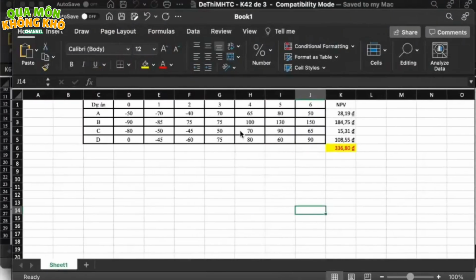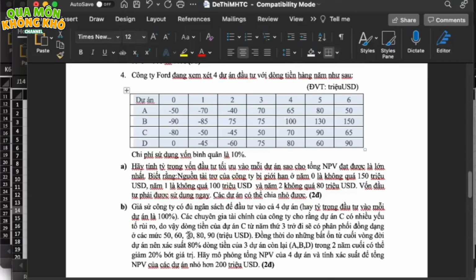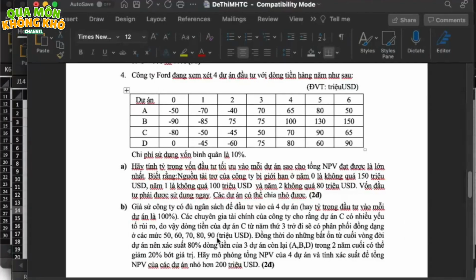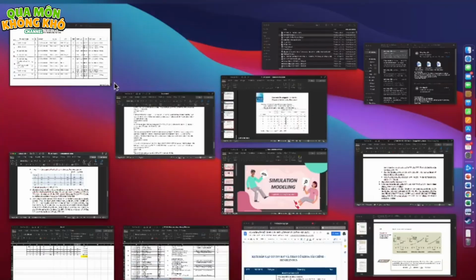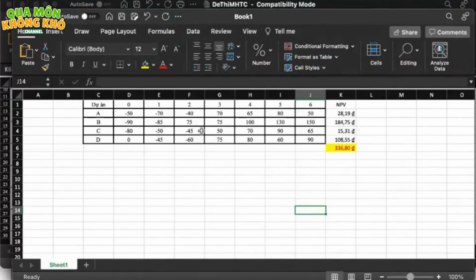So we can see here the cash flow from project C from year 3 has the uniform distribution at levels 50, 60, 70, 80, and 90. So you can easily create the random number for project C.